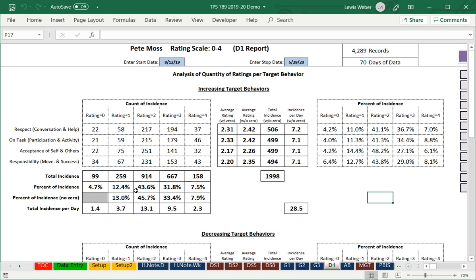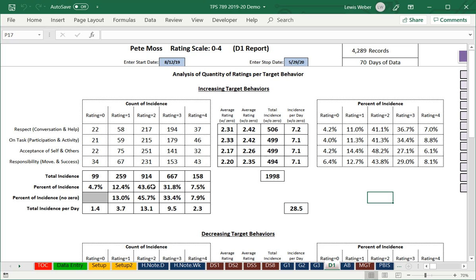And that's going to talk about the percent of incidents across target behaviors. So 914 represents 43% of all of the recorded target behaviors across the different target behaviors that are measured.